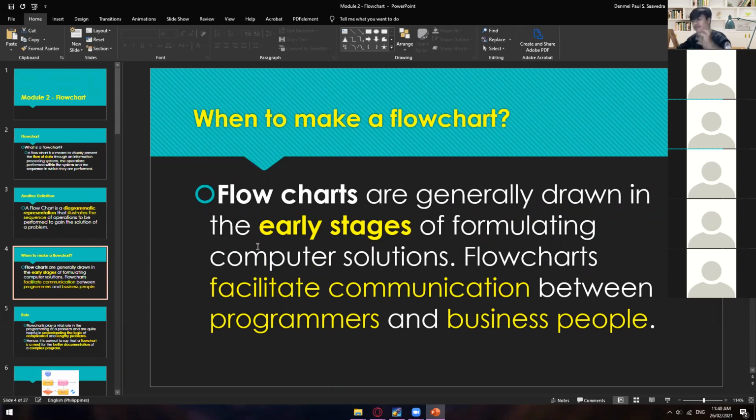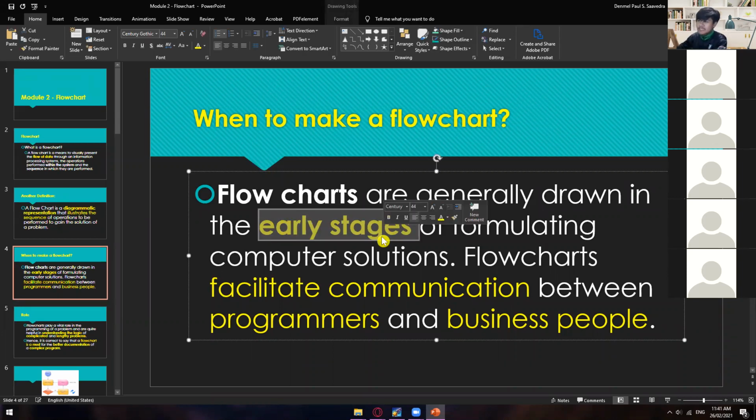Even in the middle of the project, even at the end of your project, even if you're only at the early stage and don't have any idea how to start a certain project, you can start anywhere. But the most ideal one is of course the early stages.